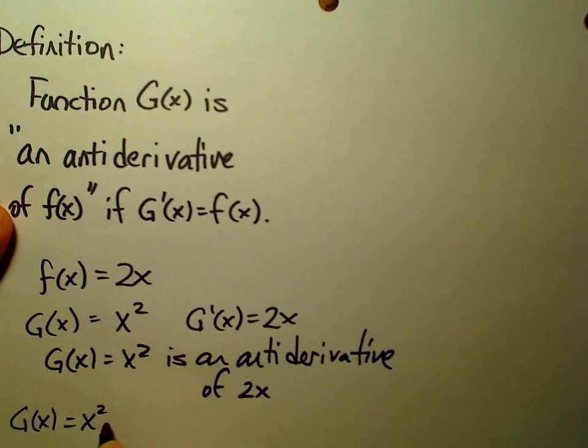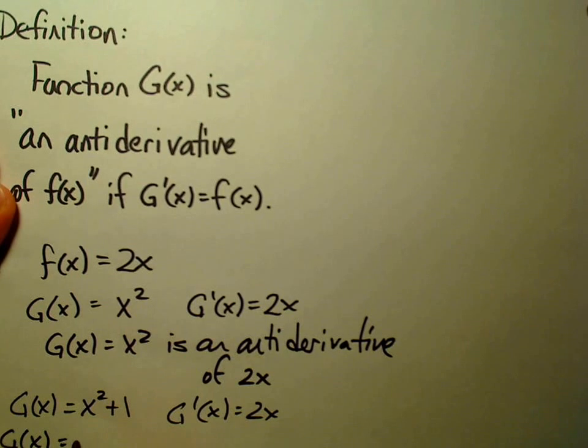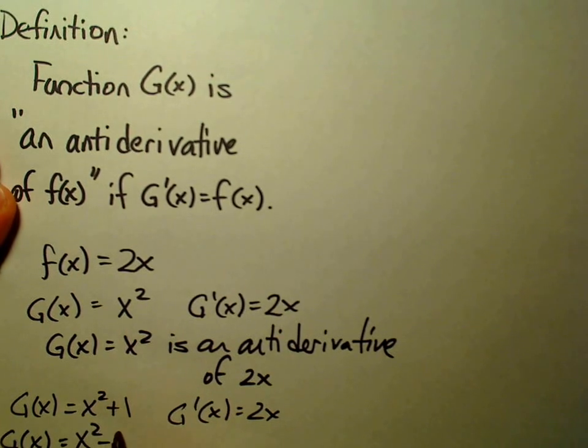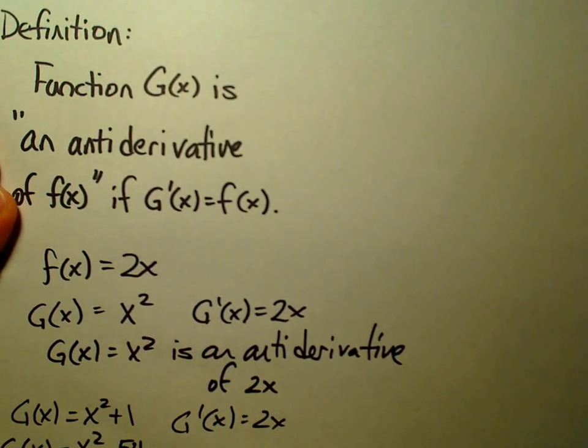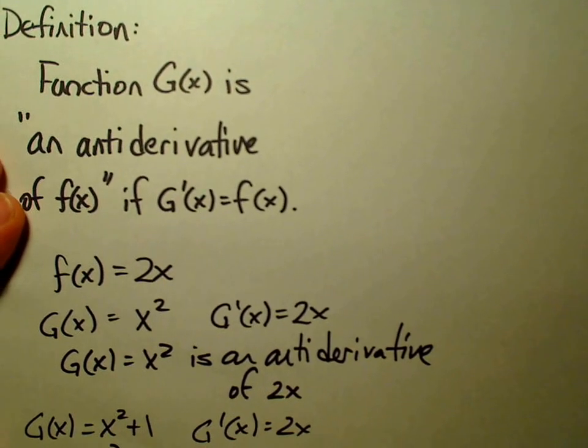There's also g of x equals x squared plus 1. You take the derivative of that, and you also get 2x. You could have x squared minus 54, and you still get g prime of x equals 2x.